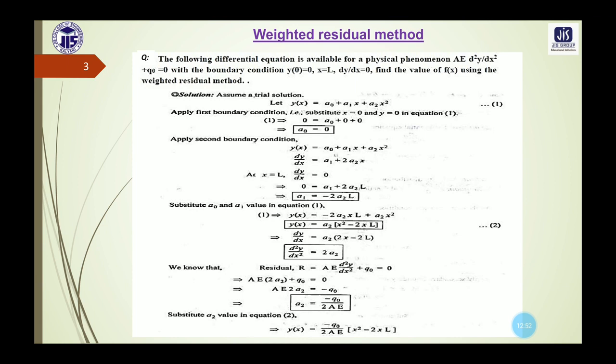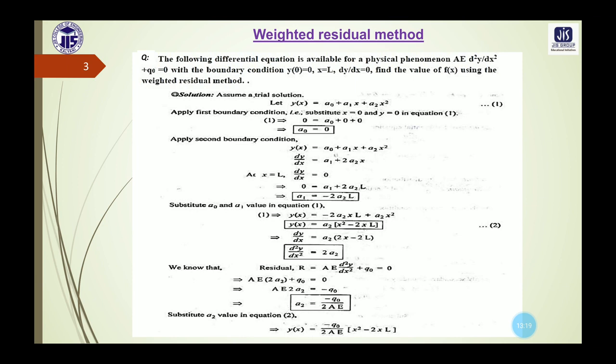Now if we apply the boundary conditions, here we have two boundary conditions. The first one is y(0) equals 0. This boundary condition means at x equals 0, y equals 0. Let us put this first boundary condition in the trial function, y(x) equals a0 plus a1x plus a2x square.